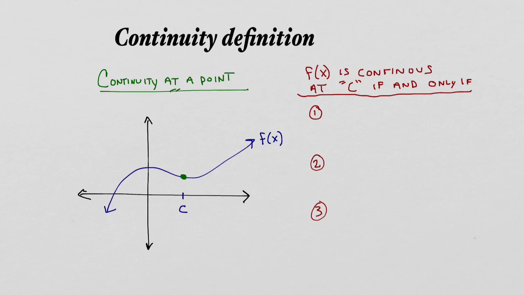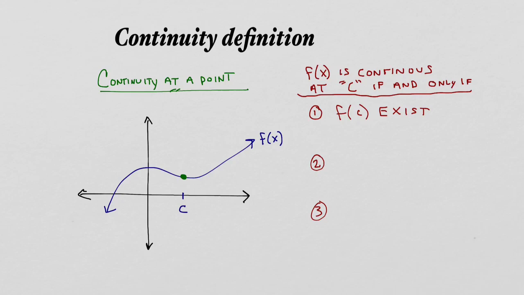So here we go. f of x is going to be continuous at the point c if and only if, first of all, f of c exists. It must exist. If it doesn't exist, then it can't be continuous at that point.